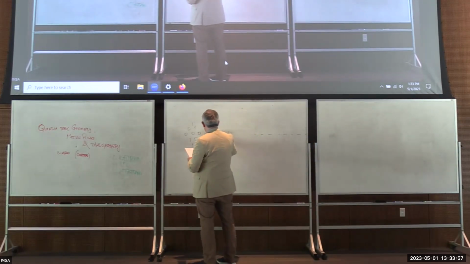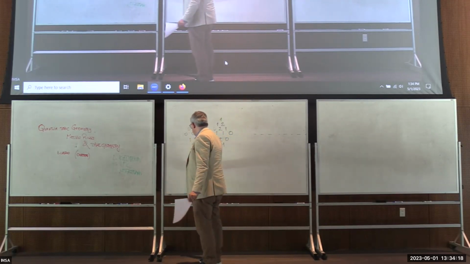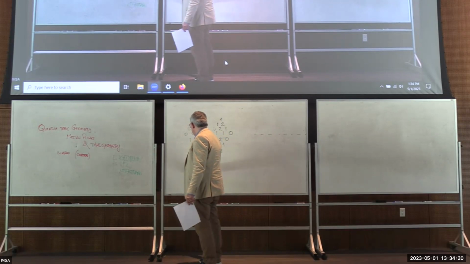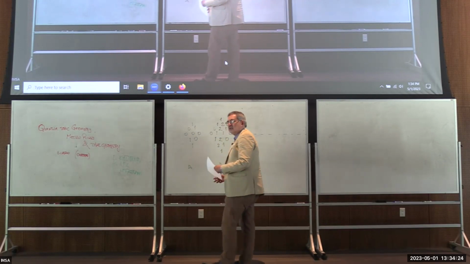And then I have a set of diagonals, for example, diagonal 0, and then diagonal 1, and so on and so forth.